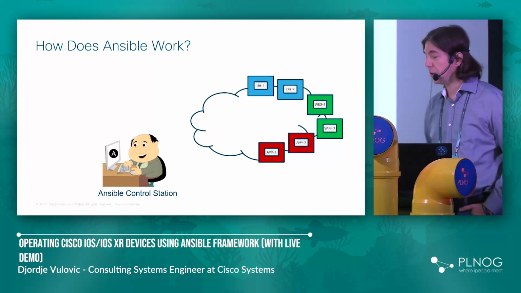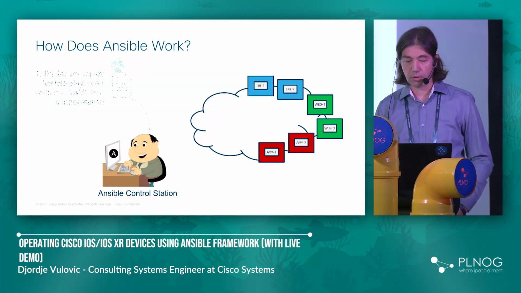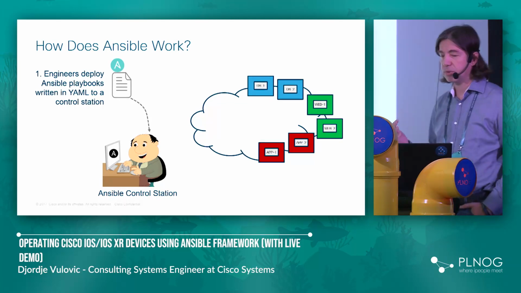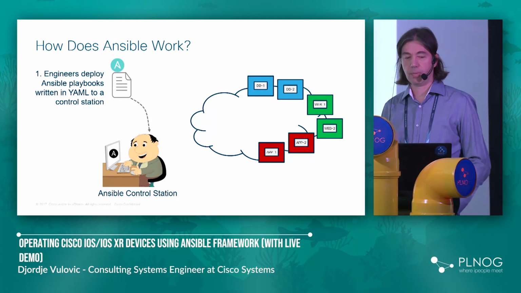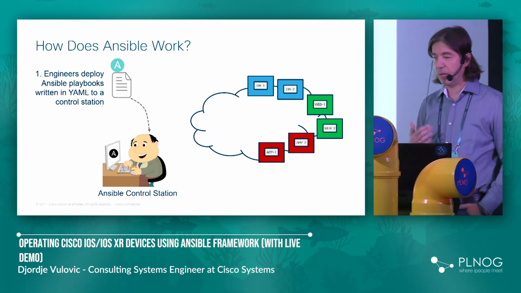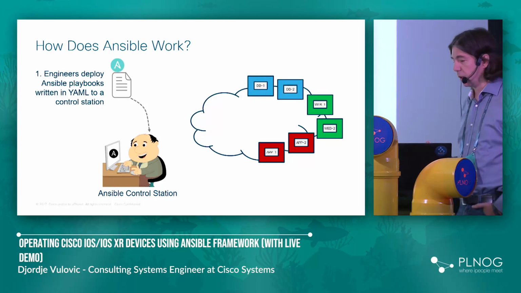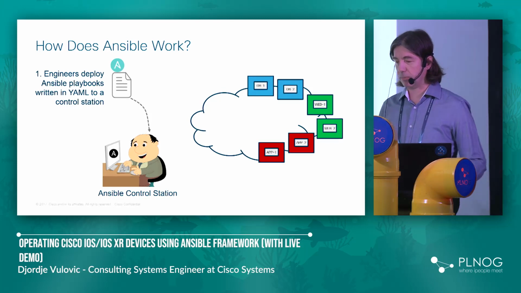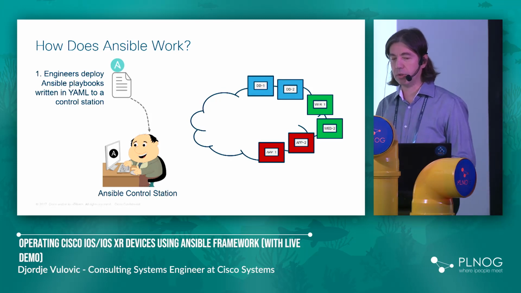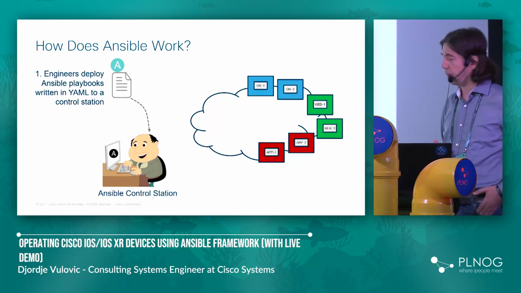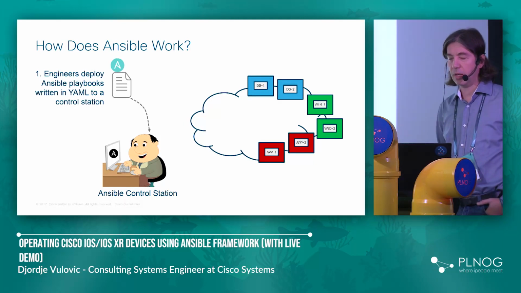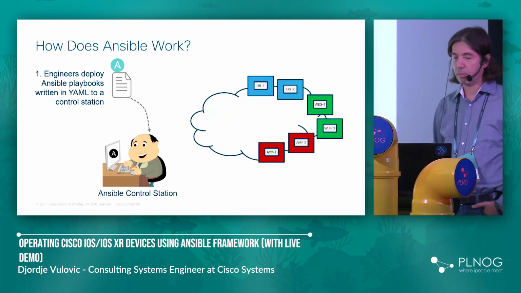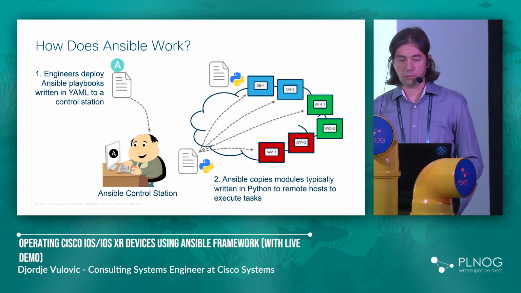Actually, Ansible works pretty simply. You have a control station, and you have these scripts which Ansible calls playbooks. Playbooks are basically text files written in a language called YAML, and in YAML you express all the statements that need to be done on a certain number of managed devices.